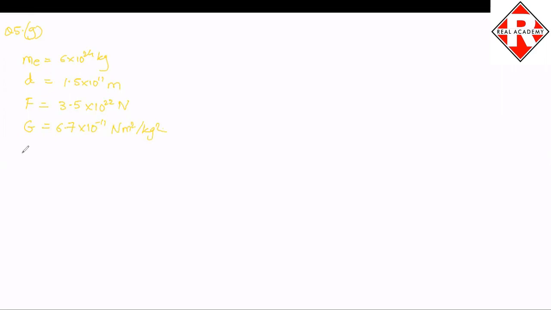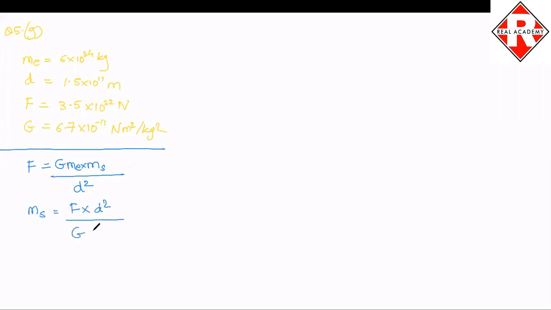So in that case, you can directly use the formula, according to Newton's universal law of gravitation, F is equal to G me ms, mass of earth into mass of sun, upon distance square. So if we just rearrange the formula, क्या हो जाएगा? ms is equal to F into distance square upon G into mass of earth.